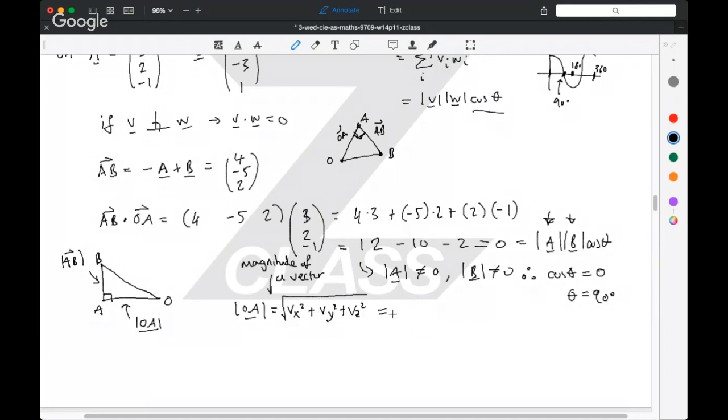So in this case, that's going to be the square root of 9 plus 4 plus 1, and you do the same for AB, and that's going to be equal to the square root of 16 plus 25 plus 4. And then you just take these two and you say that the area is 1/2 base times height.